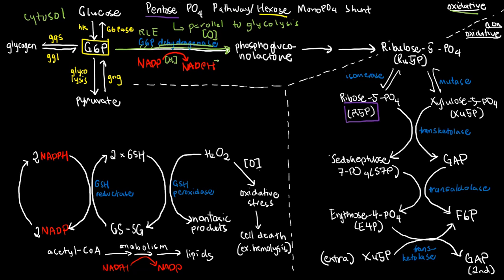Now, this is actually the most important part of the oxidative process because, just like I mentioned, it has very distinct purposes, very different from the energy generation we have in glycolysis. So allow me to discuss that in detail.